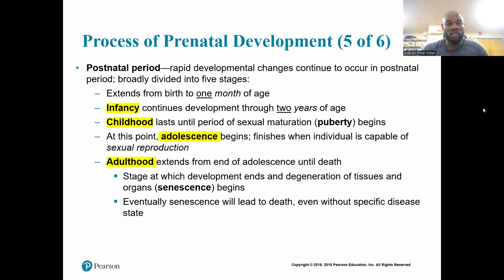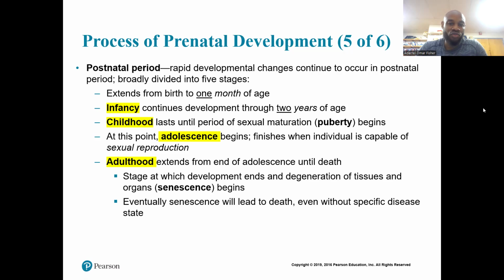The postnatal period extends from birth to 1 month of age. We have this postnatal rapid development. If any of you have children, you know that baby goes from not even really being able to see you to being able to see and make sounds and move and all these kinds of things.